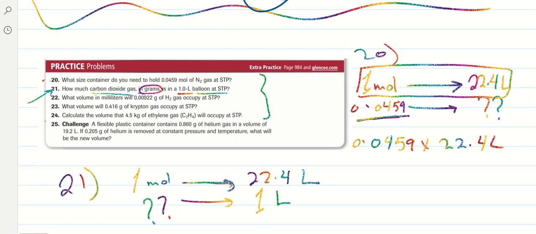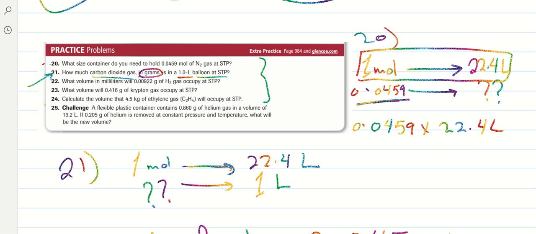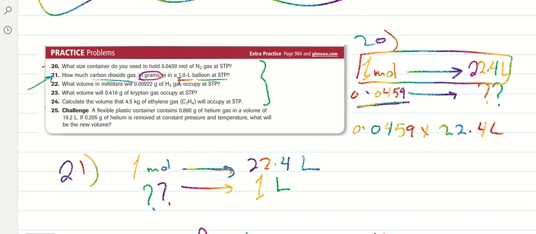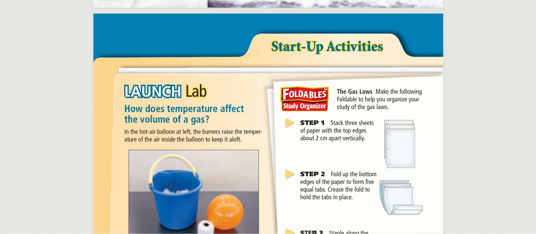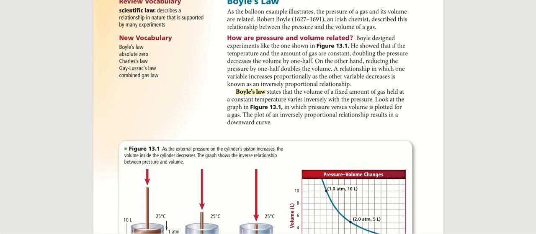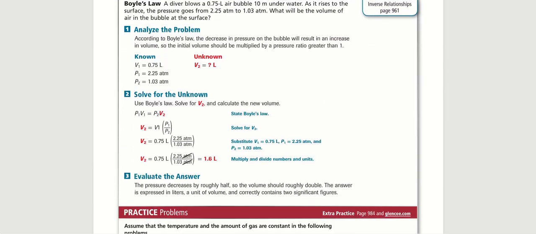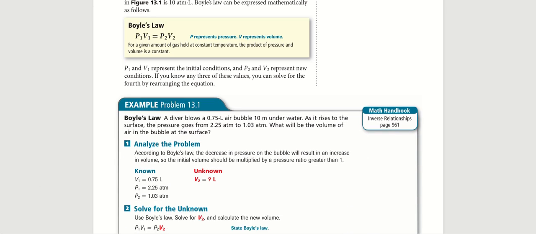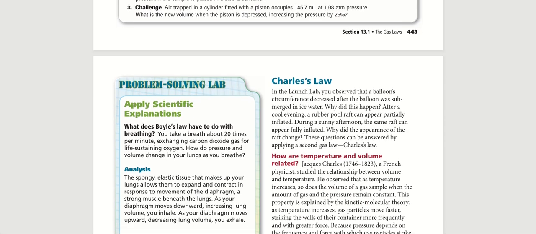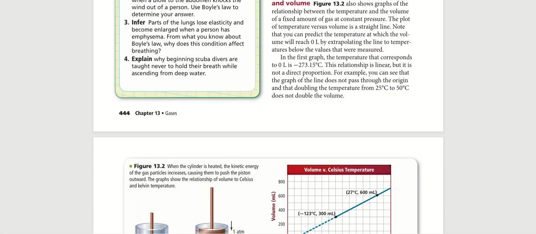Okay, the last part. Let's revise this part from the book. So we answered Boyle's law questions, and Boyle's law represents pressure and volume at a constant temperature. And we answered Charles's law questions.